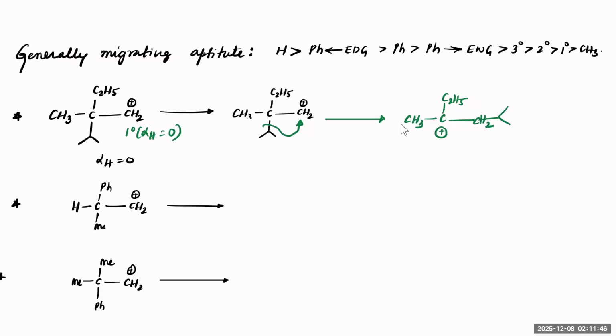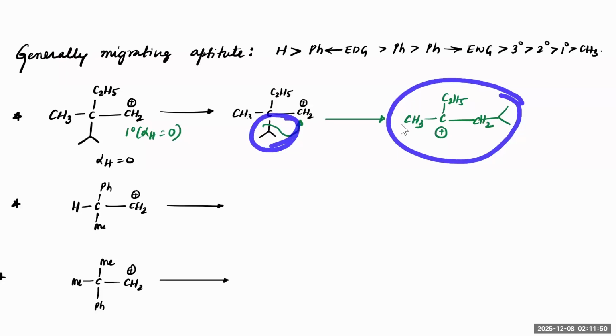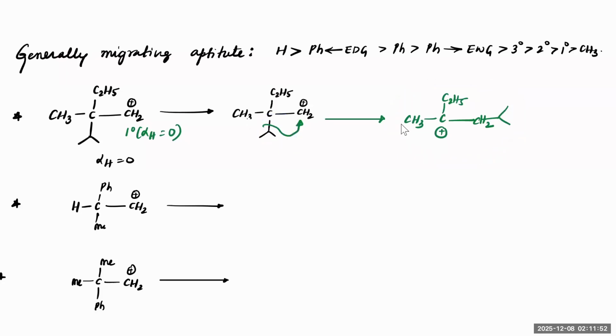This way you will get the shift here. So what is this one? An alkyl shift. An alkyl shift can take place like this. And why has only this shifted? Why not ethyl and methyl? Because isopropyl has more migrating aptitude. I guess all of you got that.